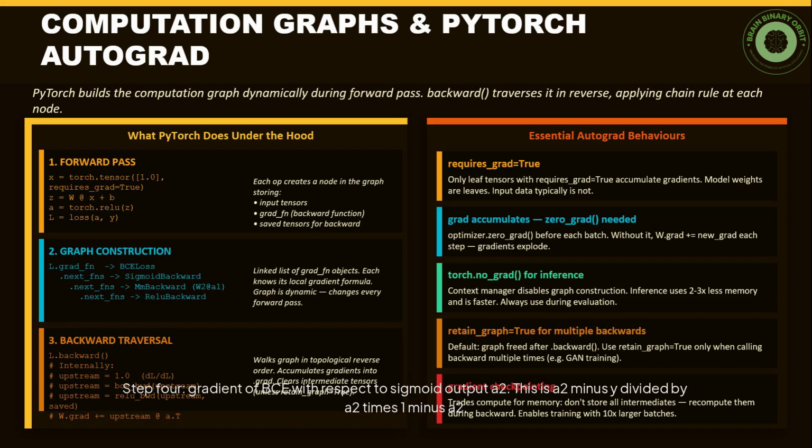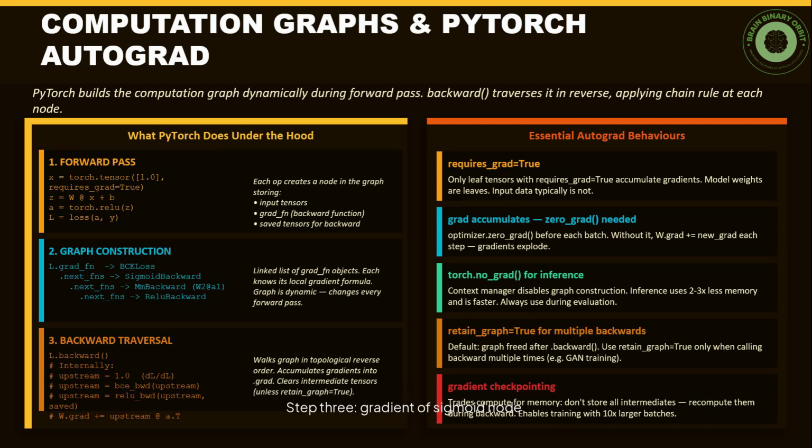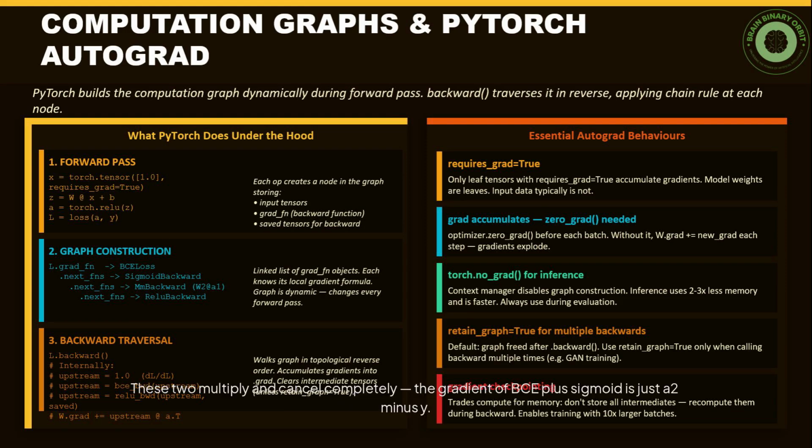Step 4, gradient of BCE with respect to sigmoid output A2. This is (A2 minus y) divided by A2 times (1 minus A2). Step 3, gradient of sigmoid node. Sigmoid prime is A2 times (1 minus A2). These two multiply and cancel completely.